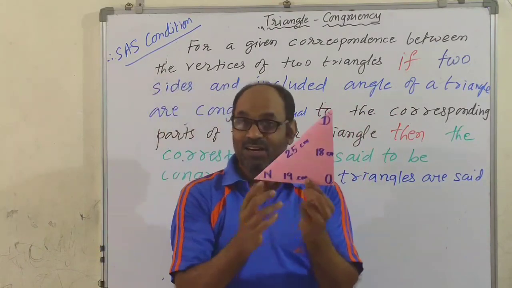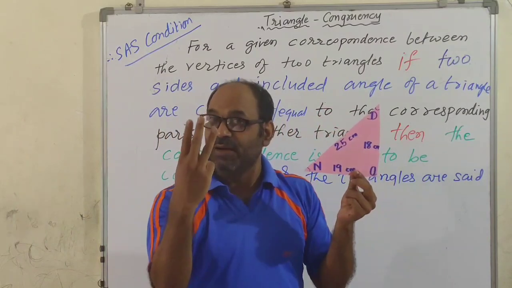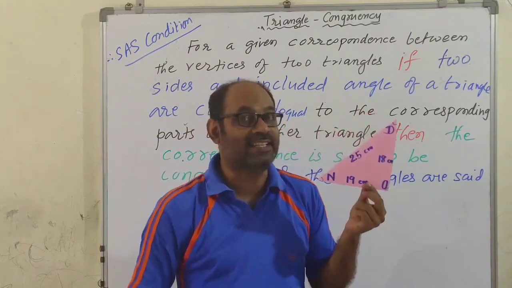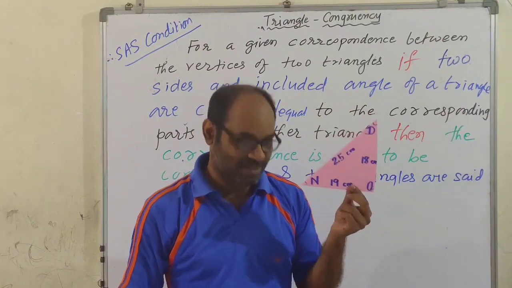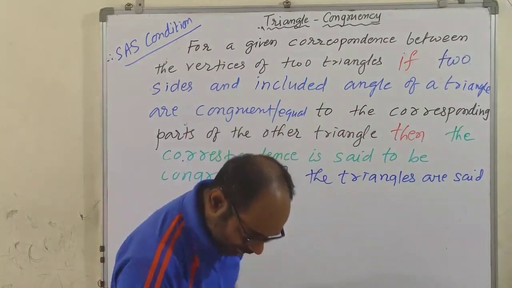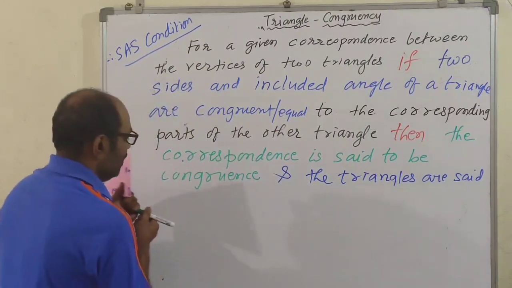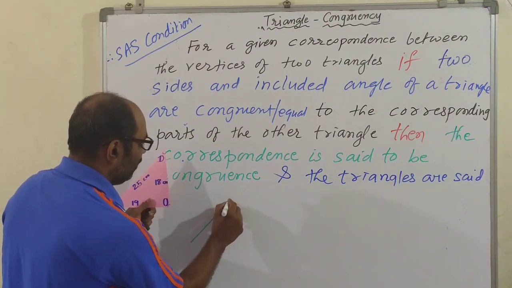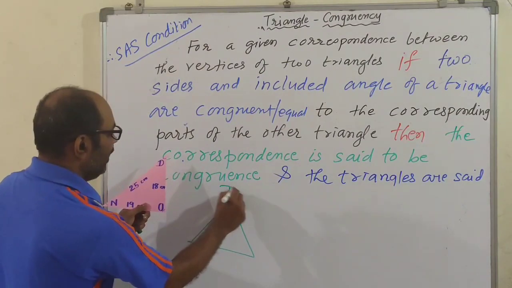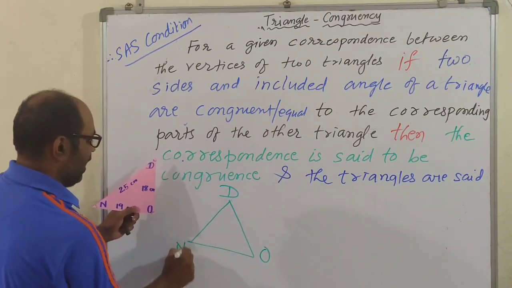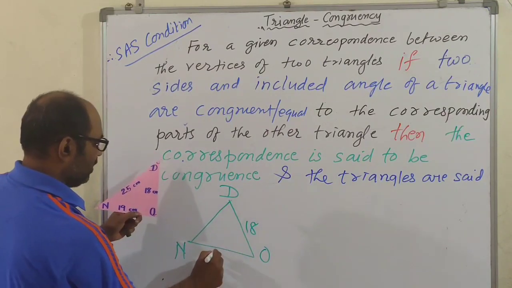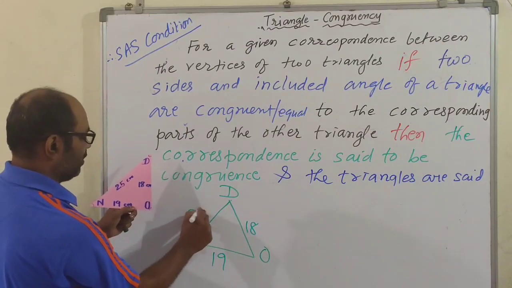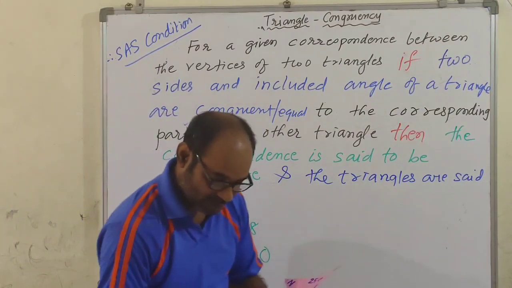Now see children, for this triangle, the three parts given are all three sides. Okay? I'll draw that here. Here is triangle DON. This is 18 centimeter, this is 19 centimeter, and this is 25 centimeter.